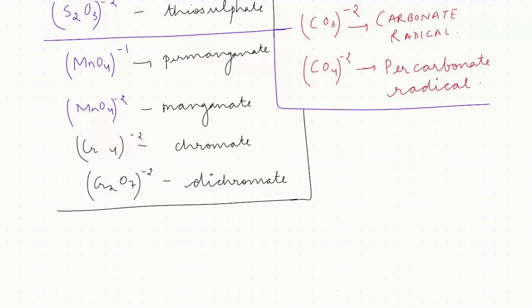So this would be CrO4 minus 2, and this would be permanganate.